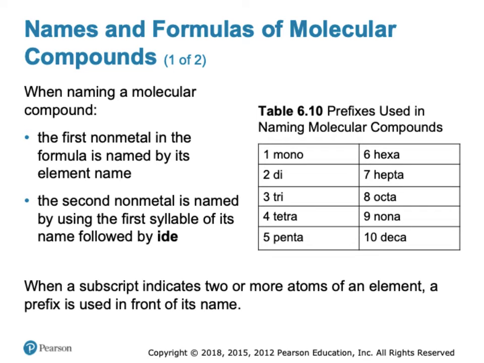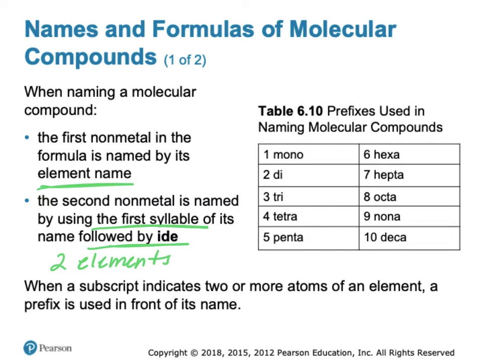Okay, so again, if we just have a simple binary compound, which is just two elements, the first nonmetal is going to be named by its element name. The second nonmetal, the name is going to be changed by using the first syllable followed by "ide."